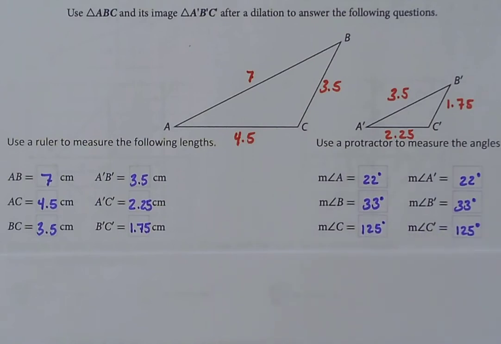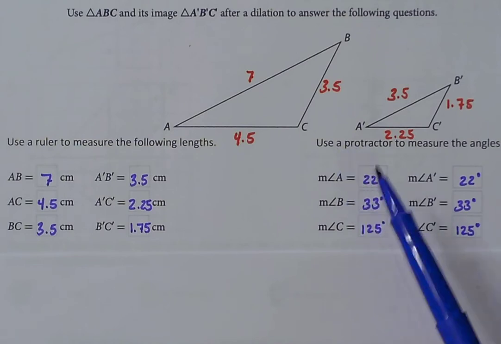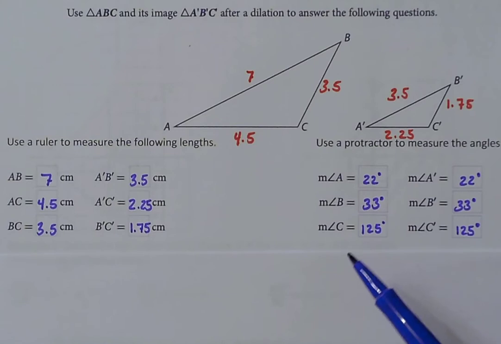So this goes to point to part of the thing we talked about with the dilation, that it can change the size, but it leaves the shape unchanged. And part of that leaving the shape unchanged is that the angle measures stay the same. So dilations are going to preserve angle measure. So whenever you dilate a shape, angle measures have to stay the same.